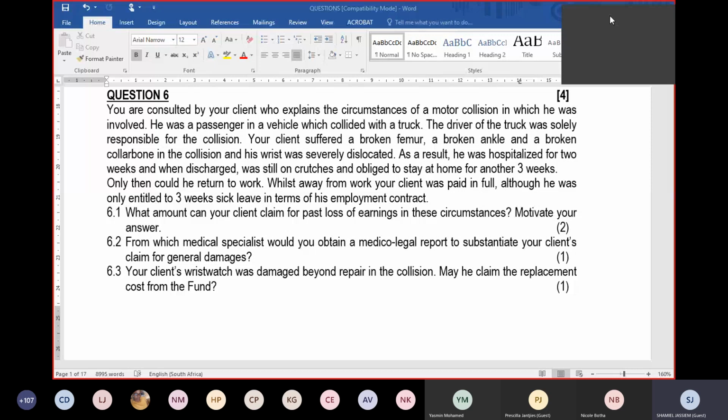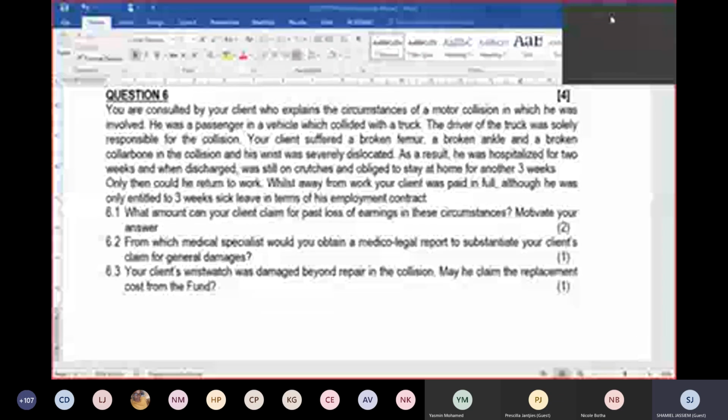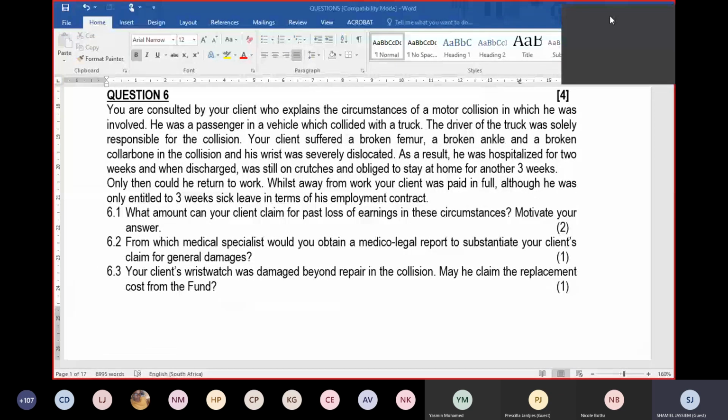Your client suffered a broken femur, a broken ankle, and a broken collarbone in the collision, and his wrist was severely dislocated. As a result, he was hospitalized for 2 weeks, and when discharged, was still on crutches and obliged to stay at home for another 3 weeks. Only then could he return to work.